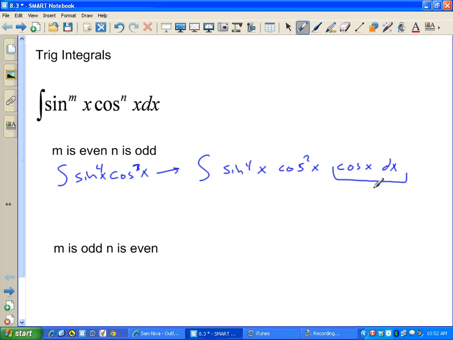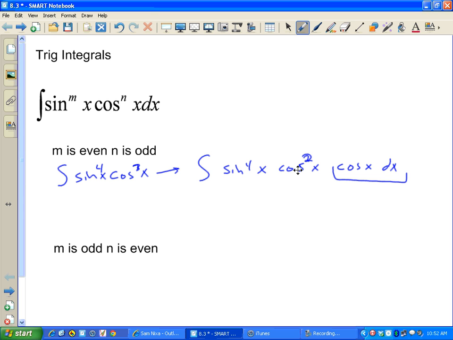This will eventually become our du. I want to turn everything into sine, because if I have everything in terms of sine, I'll have sine to some power and the derivative of sine over here. So I'll have a u to the power with a du.